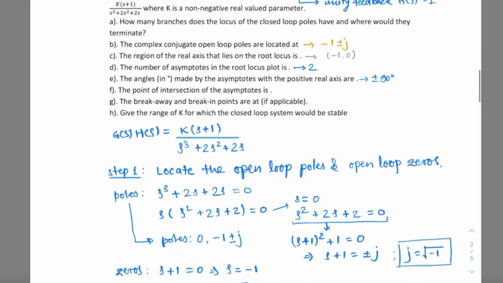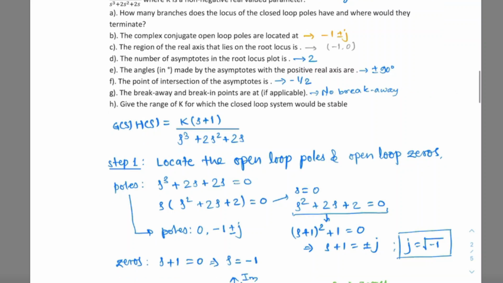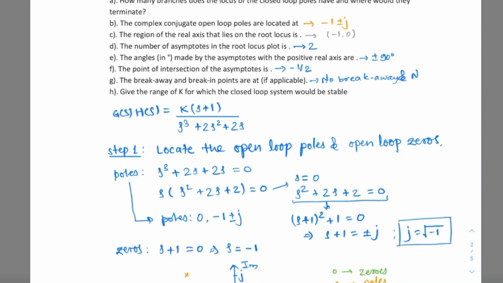So the point of intersection of asymptotes we found at minus 1/2. The breakaway and break-in points, if any: there are no breakaway and no break-in points.